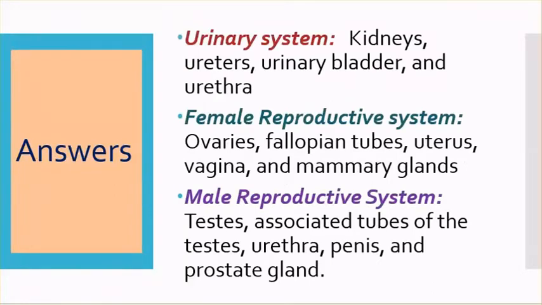The urinary system has kidneys, ureters, urinary bladder, and urethra. Female reproductive system, ovaries, fallopian tubes, uterus, vagina, and mammary glands. Male reproductive system has testes, associated tubes of the testes, urethra, penis, and prostate gland.